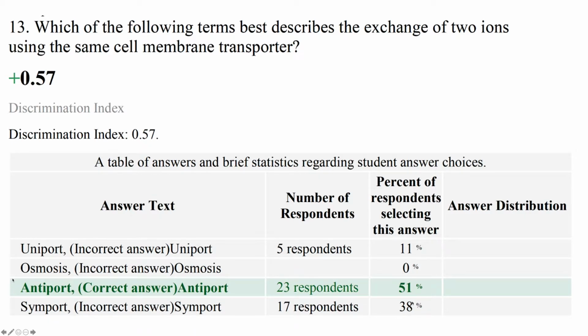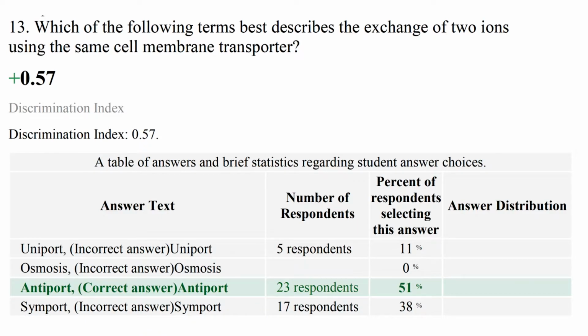In this case, the correct answer was selected by 51% of the students. And when we have 38% of the students, which is a very important proportion, choosing another different answer, then we have to say, oh my goodness, only 51% answered correctly.